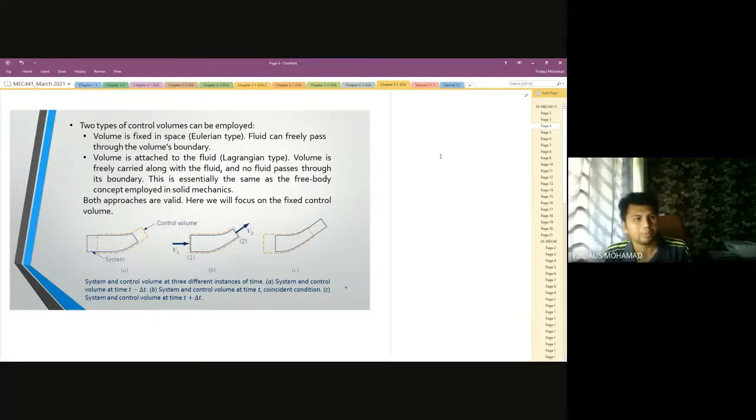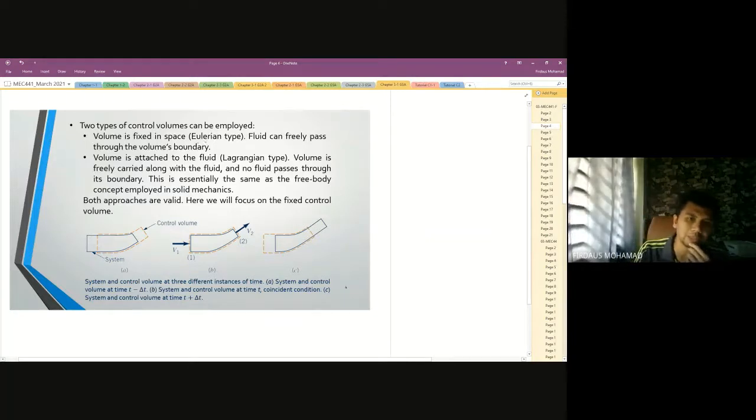Okay, so two types of control volume, which is volume is fixed in space ataupun kita namakan dia Eulerian type. Okay, so macam tadi Eulerian type lah sebab dia fixed in space. So fluid can freely pass through the volume. Ni maksud dia apa? Fluid can freely pass maknanya boleh masuk inlet, and then ada inlet, ada outlet.